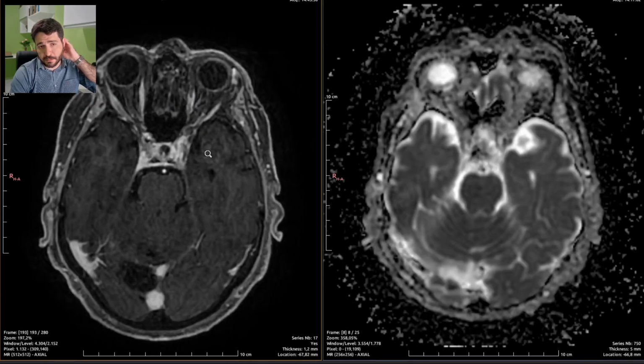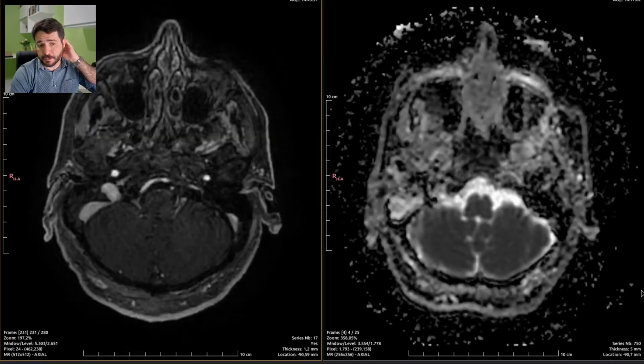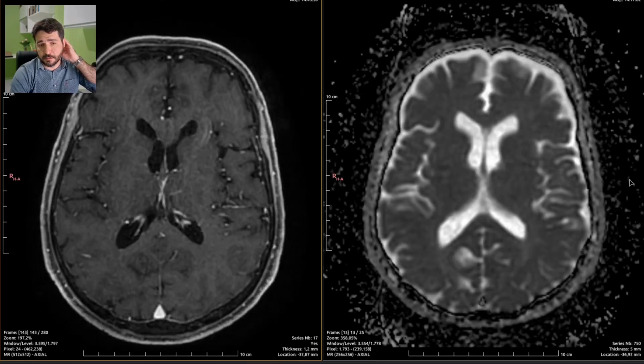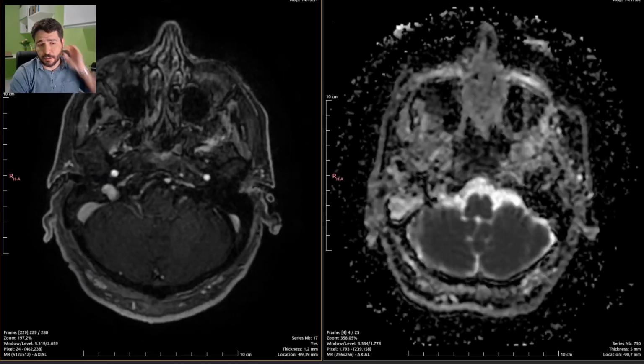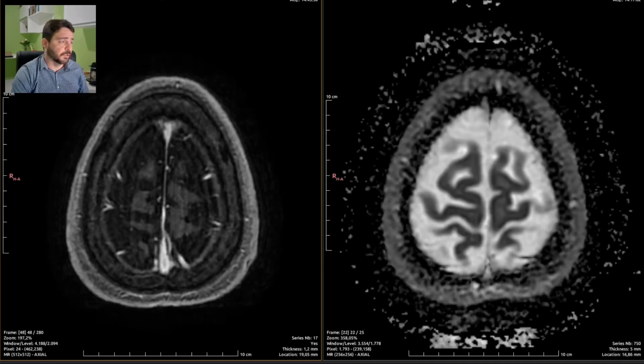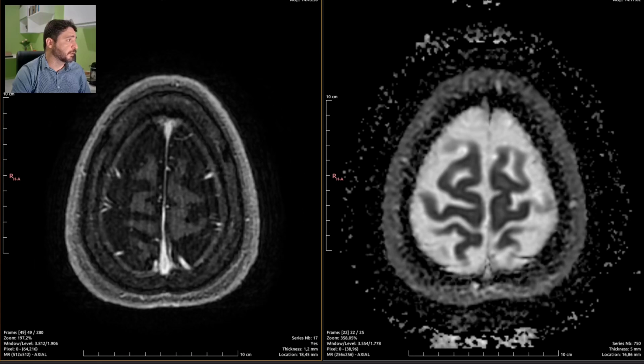But it looks nice, and I think you guys are enjoying this beautiful looking MRI scan of the brain of this patient. So let's report it very quickly. This is a nearly normal MRI scan, contrast enhanced.